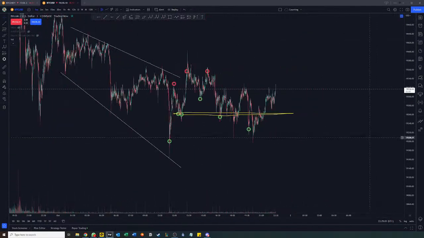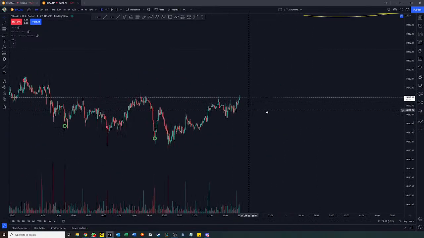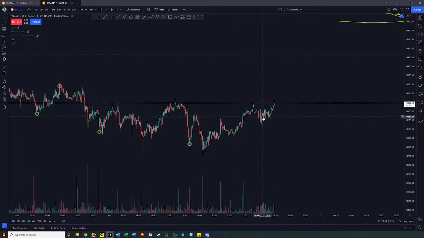So I see the current movement. Yeah, I see a wave 5. This is either a triangle.